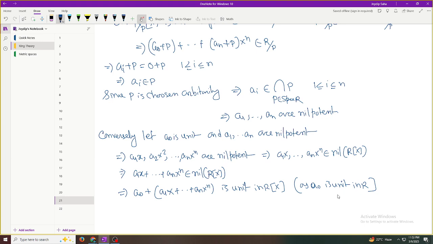It is a unit in R, hence in R[x]. So unit plus nilpotent is unit.